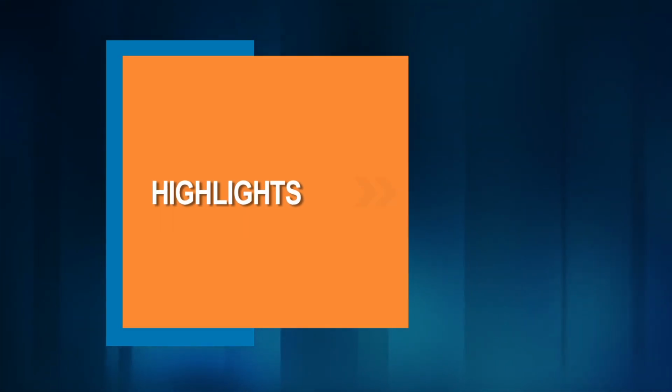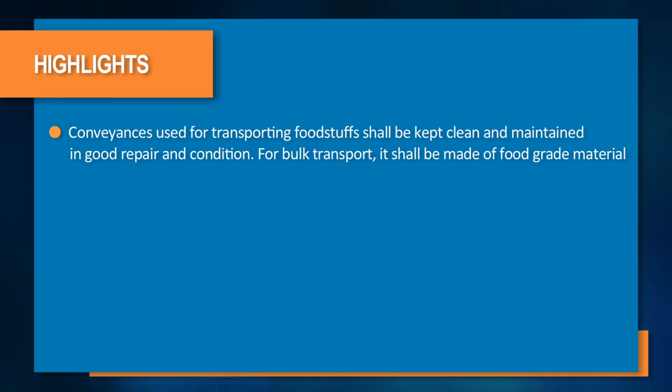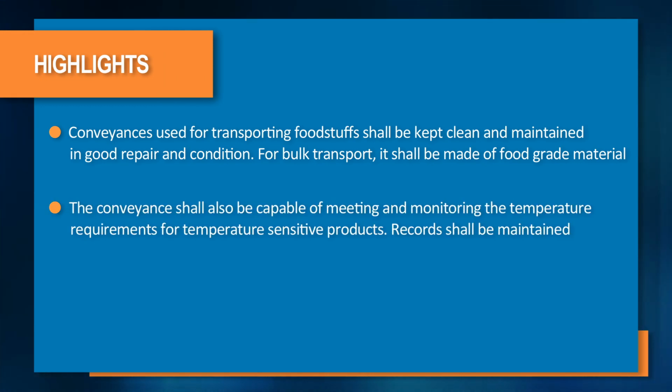Thus, the main points to remember are: conveyances used for transporting foodstuffs shall be kept clean and maintained in good repair and condition. For bulk transport, it shall be made of food-grade material. The conveyance shall also be capable of meeting and monitoring the temperature requirements for temperature-sensitive products. Records shall be maintained.